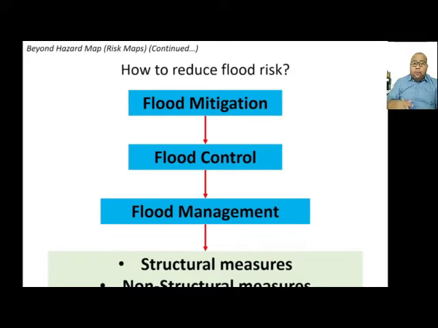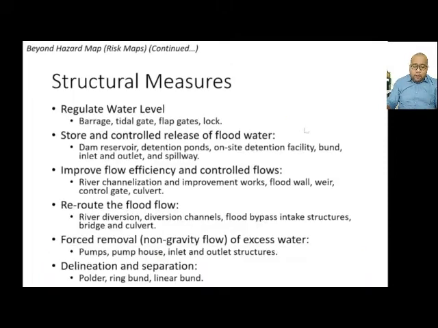Okay, so to manage the floods, we have two types of measures. The first is structural measures, and the second is non-structural measures. For the structural measures, you construct some structure on the site.